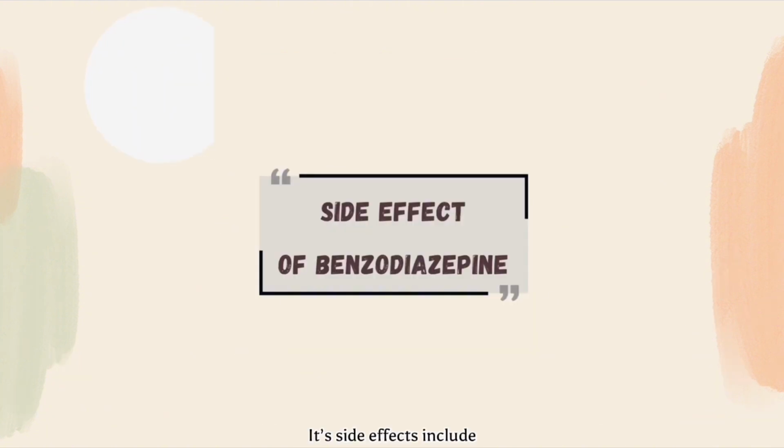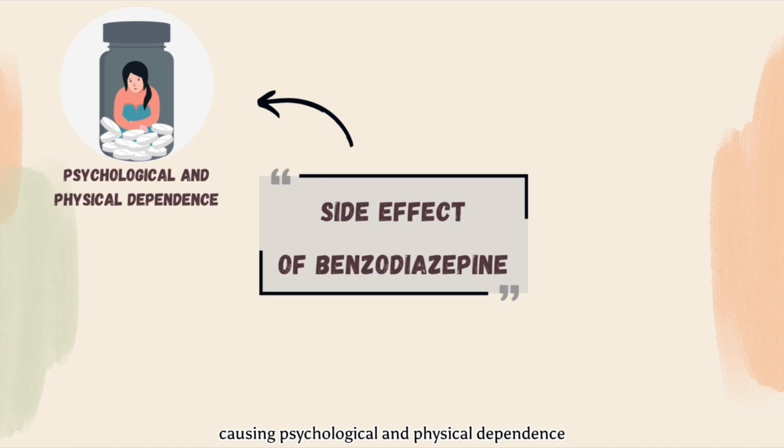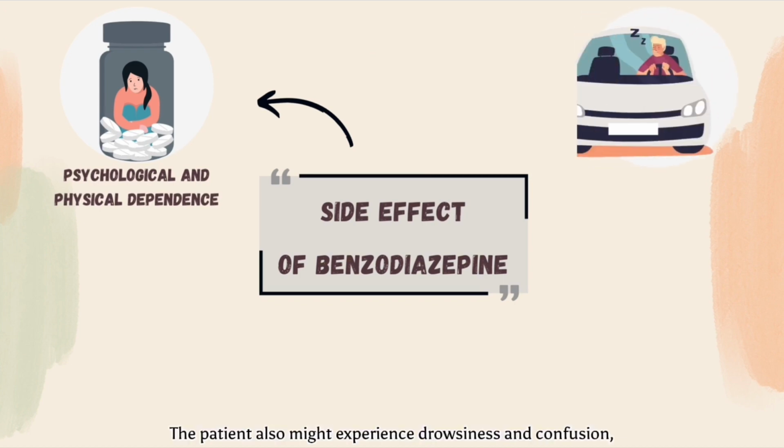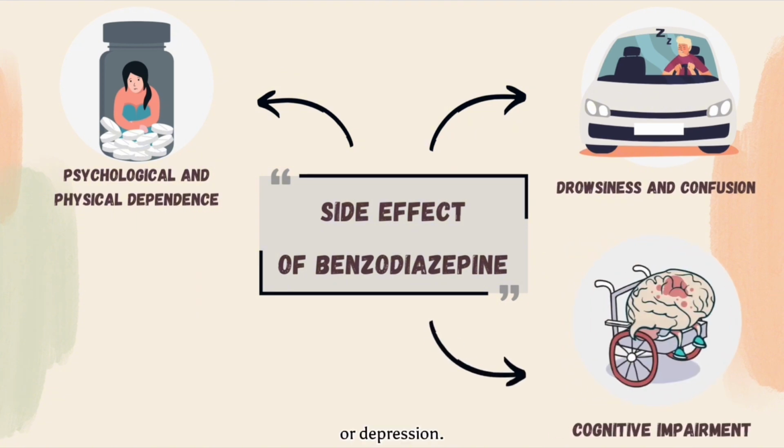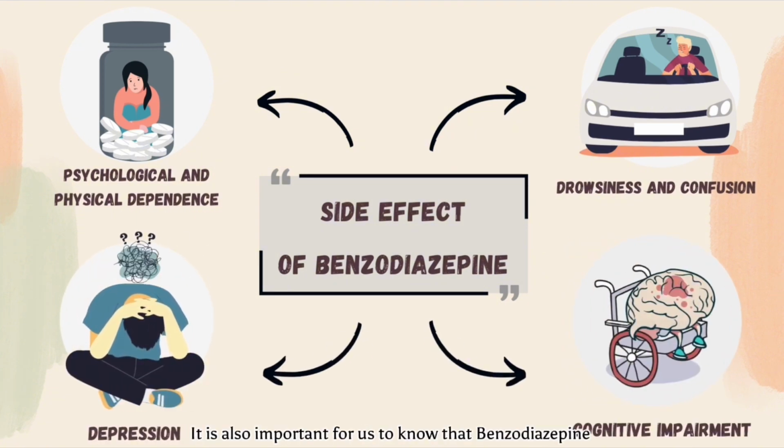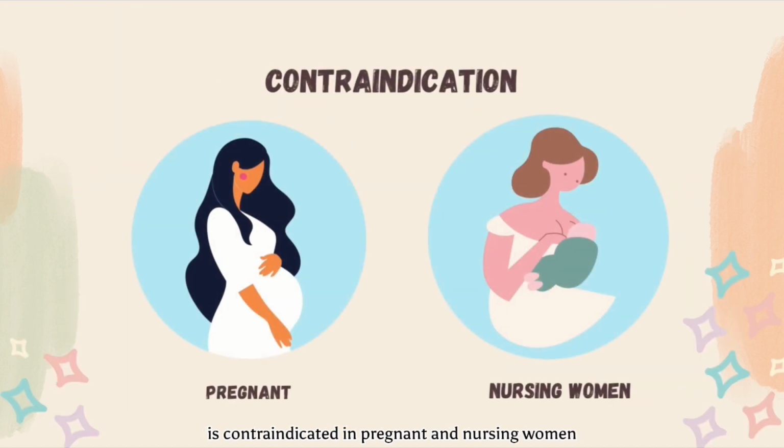Its side effects include causing psychological and physical dependence when given in high doses for prolonged periods. The patient also might experience drowsiness and confusion, cognitive impairment, or depression. It is also important for us to know that benzodiazepine is contraindicated in pregnant and nursing women, as it may interfere with the brain development of the fetus.